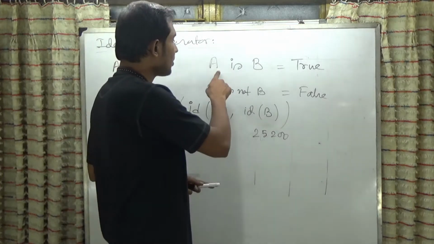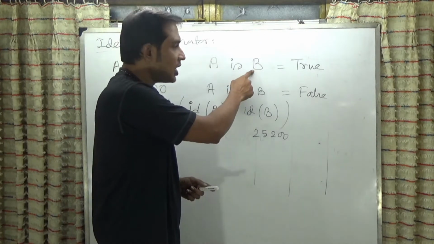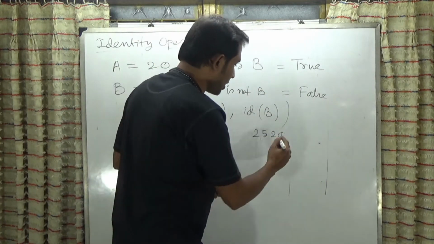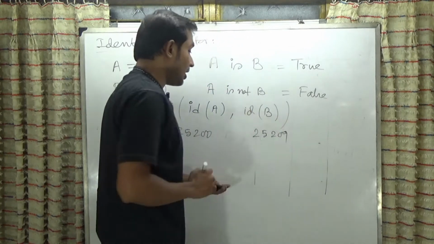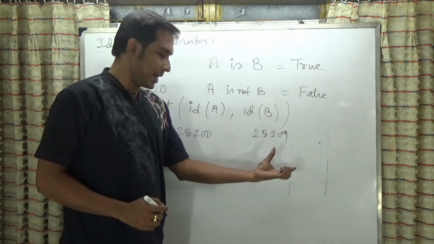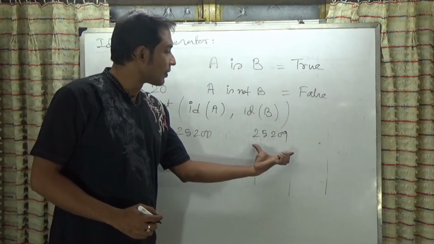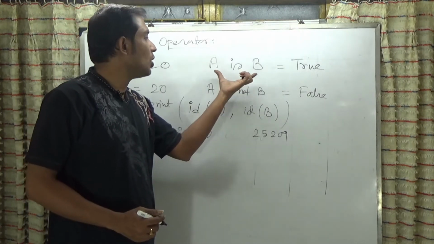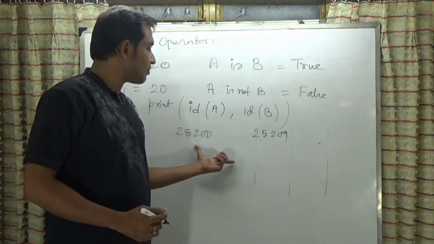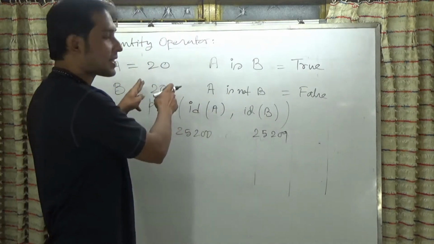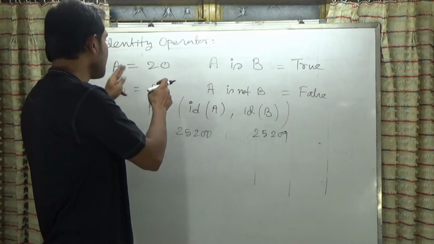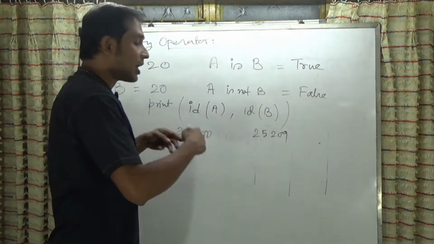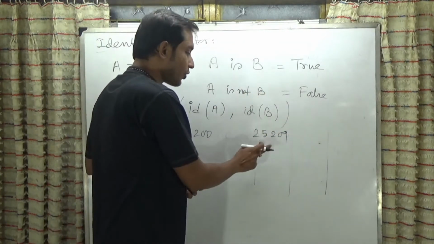And this time if I use A is B, then it returns true. And if the memory locations are different, suppose this one becomes 25,209, so it is 25,200 and 25,209, then this time if I use A is B, as the memory addresses are different, though the values in A and B are the same, both 20, as the memory references are different, it returns false in this case.